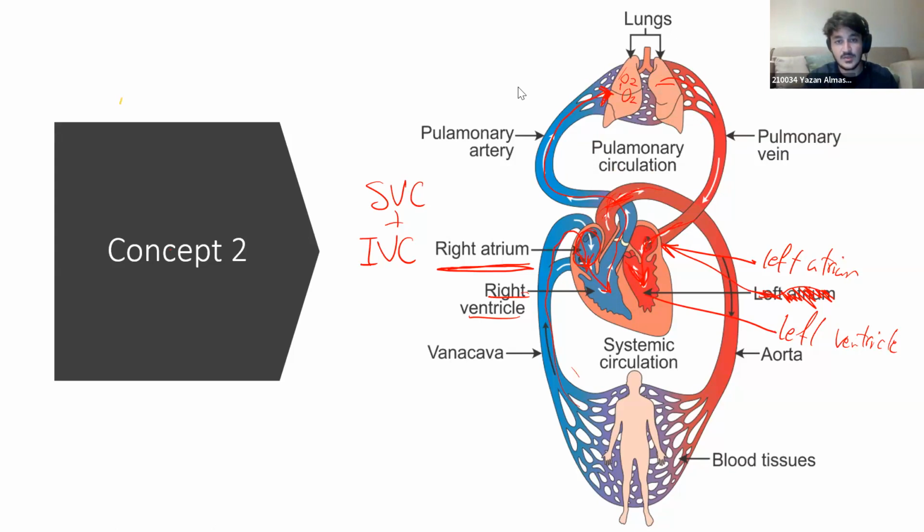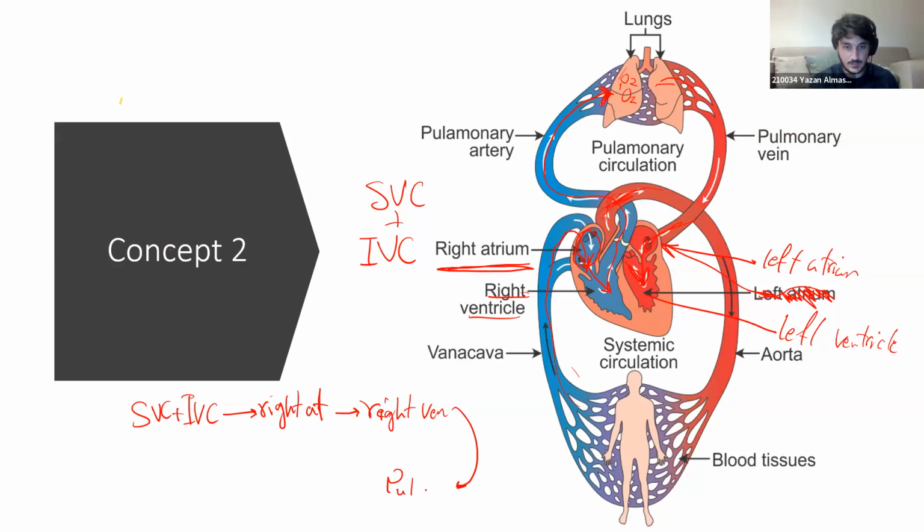Okay. So we go from the superior vena cava and inferior vena cava to the right atrium. I'll just write AT. To the right ventricle. And then pulmonary artery to the lung.